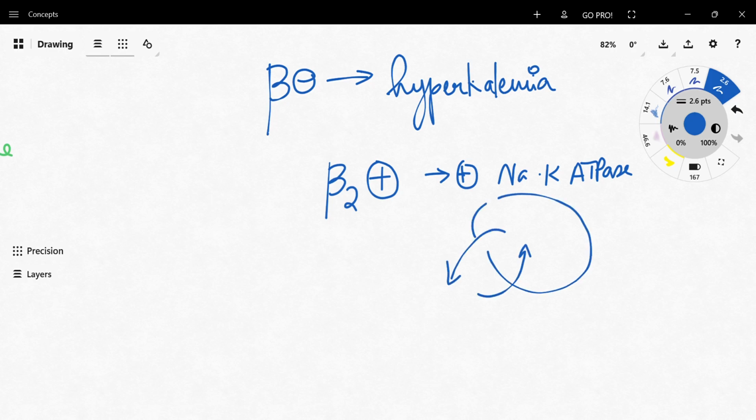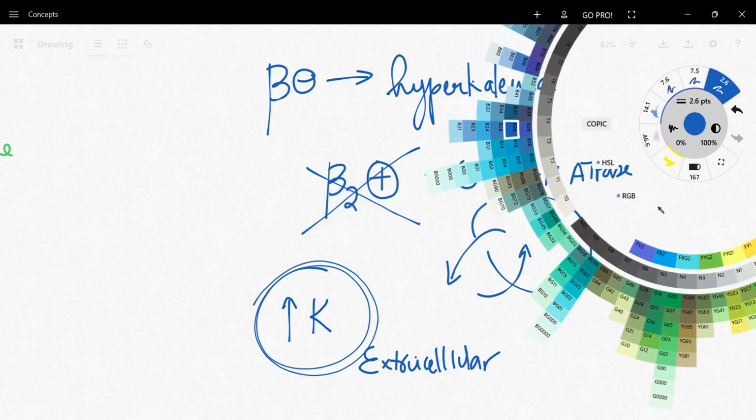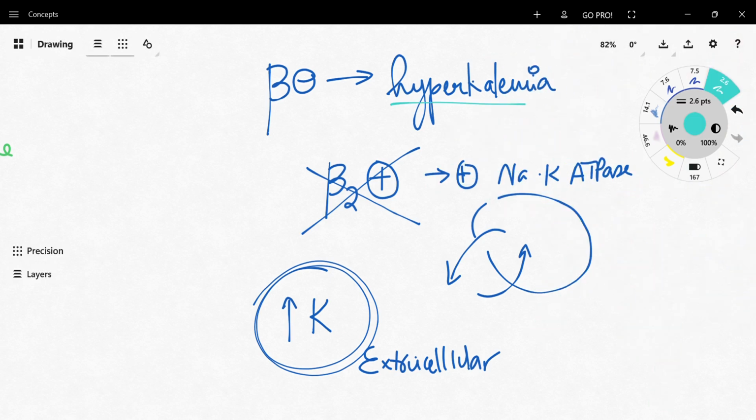Now when you block it, you're letting all the potassium stay in the extracellular compartment, right? And that is what leads to your hyperkalemia.